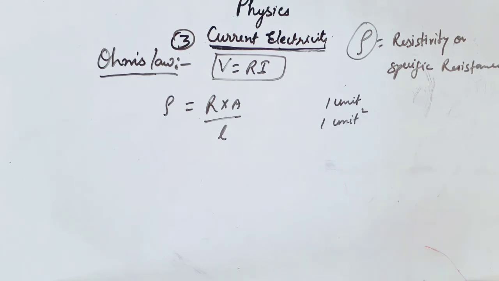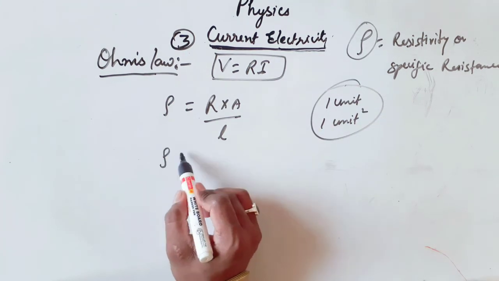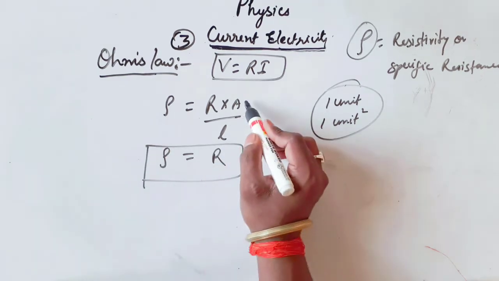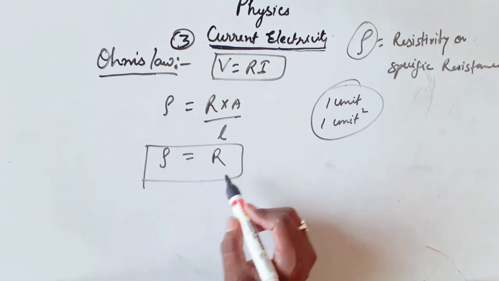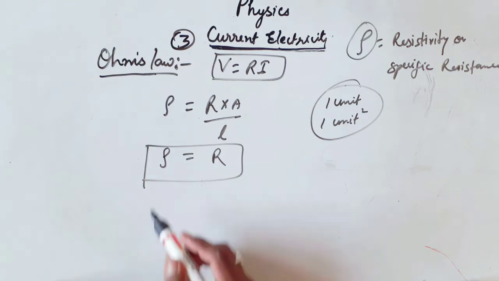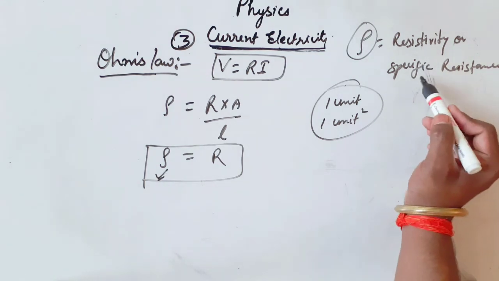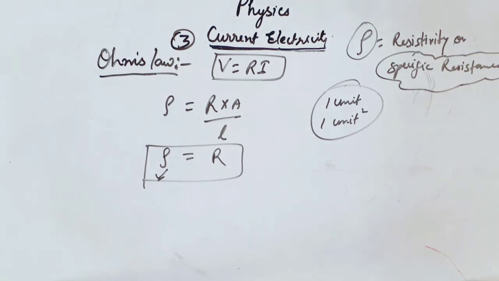Then resistivity will be equal to R, because the value of A is 1 and the value of L is also 1. So at that point rho is equal to R. So it is also called specific resistance, and it also opposes the flow of electric current in a circuit.